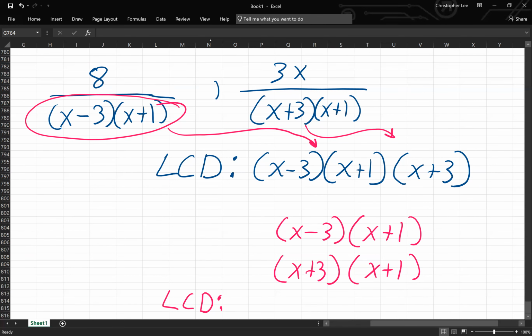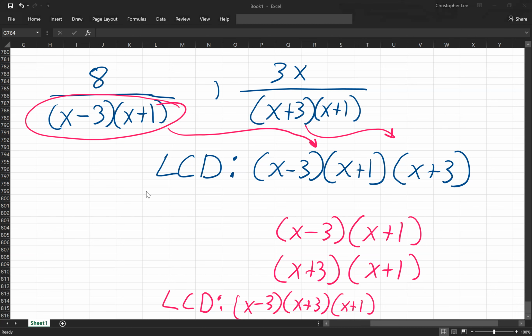So these are different, so they would write these down: x minus 3, x plus 3. And because the x plus 1 is common, you'd only write one of them down. So that's the vertical way of doing it. Whichever is easiest for you, it doesn't matter.